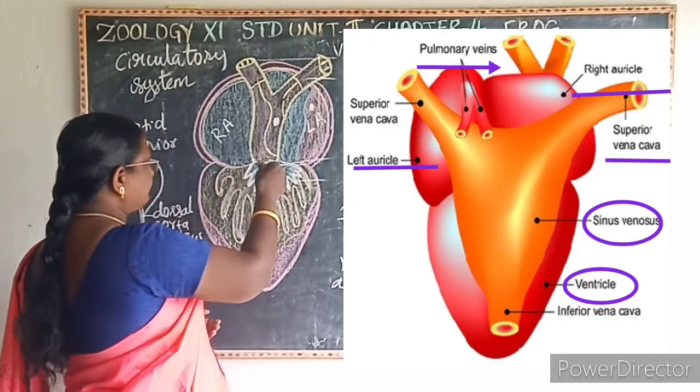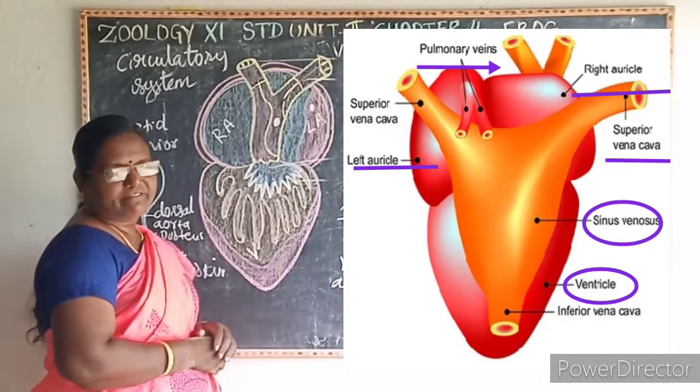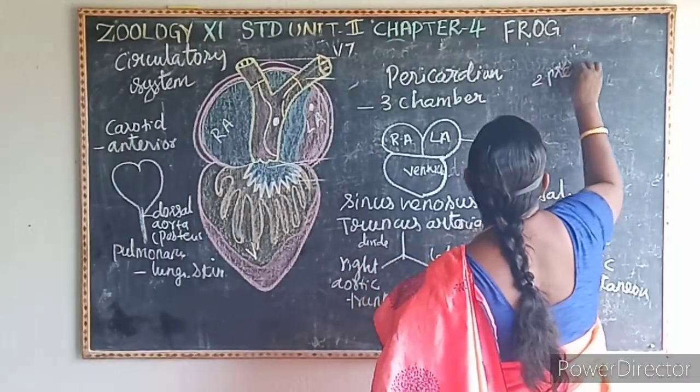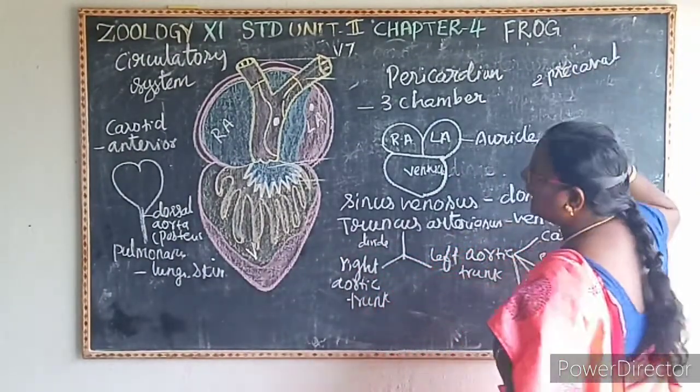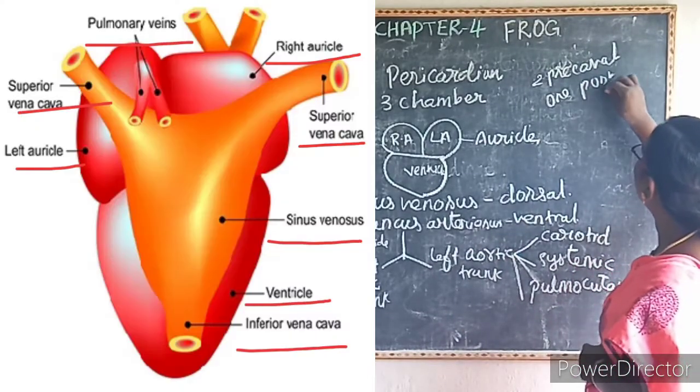Then this sinus venosus, it receives deoxygenated blood from the 2 precaval veins, that is from the anterior region, and 1 postcaval vein, that is from the posterior region.